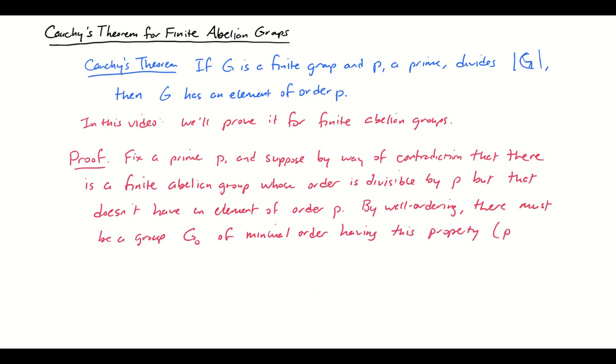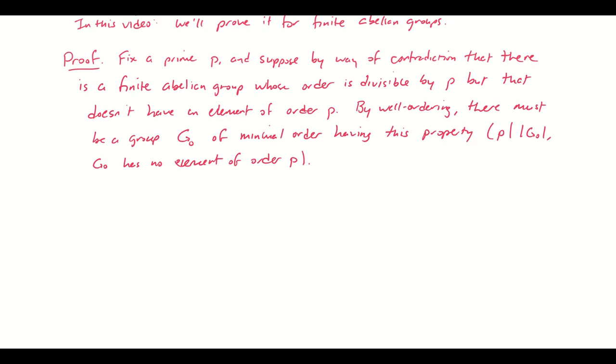In other words, p divides the order of G naught, and G naught has no element of order p. And from this, we're going to try to get a contradiction. So here we go. Let's switch colors here. Let's try pink.